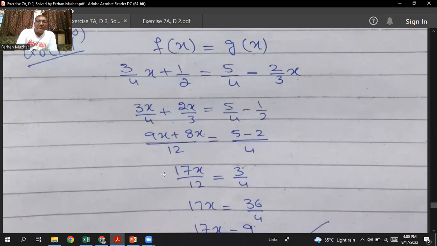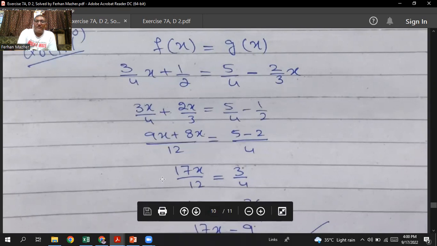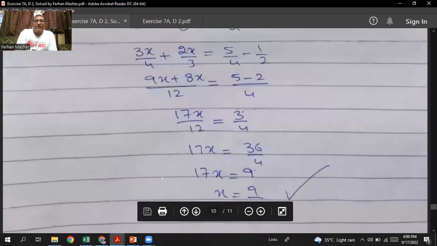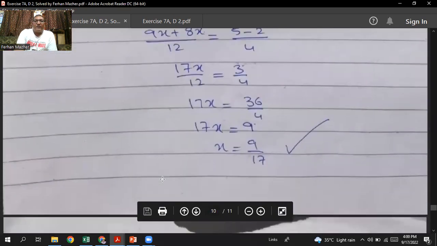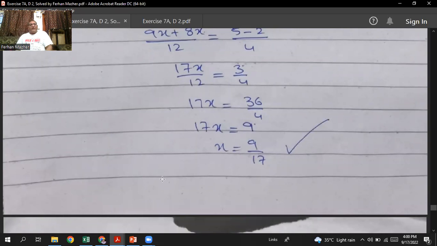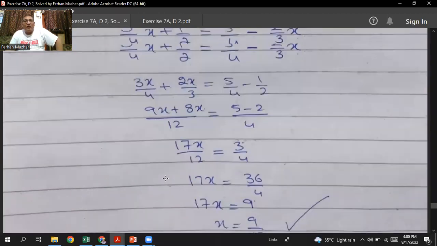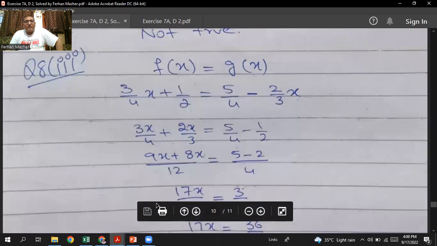So here you will have 17x by 12 equals 3 by 4. So you will have 17x equals 36 by 4. This 12 went upstairs. It multiplied with the 3. You got 36 by 4. So 17x is equal to 9. So x will be equal to 9 by 17. So this is how you will do this question.